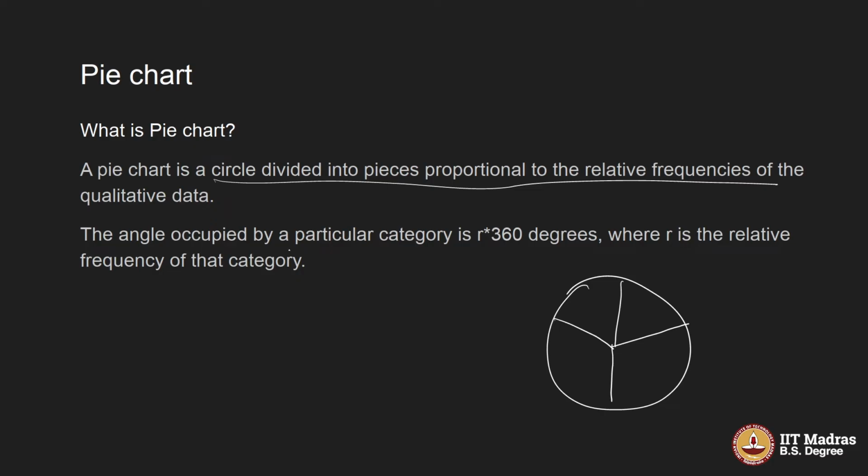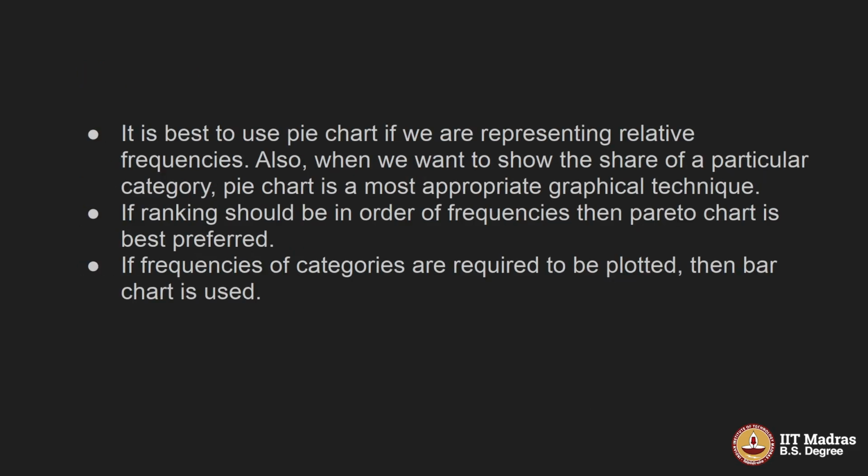The angle occupied by a particular category is R times 360 degrees, where R is the relative frequency of that category. It is best to use the pie chart if we are representing relative frequency.